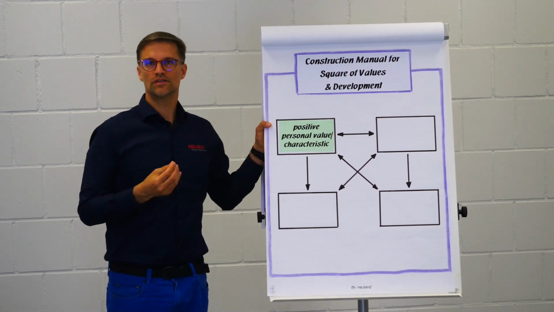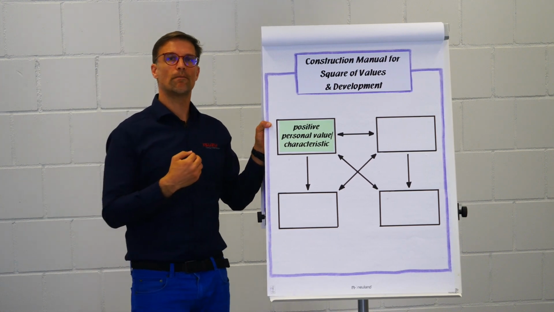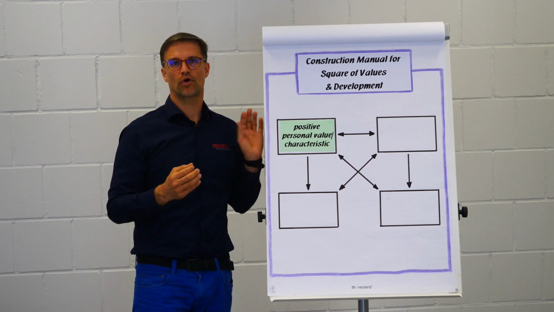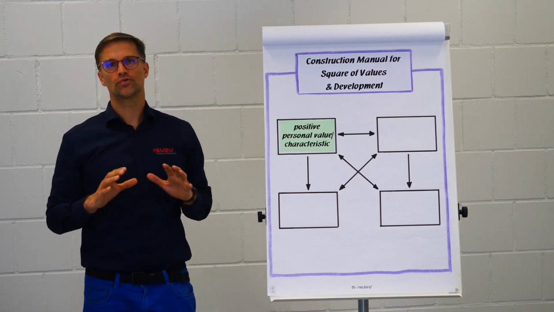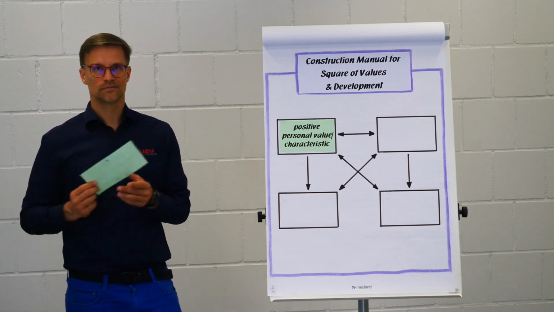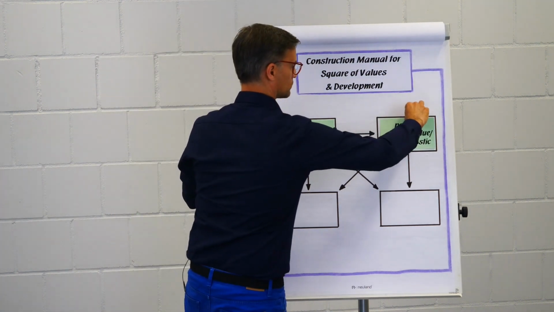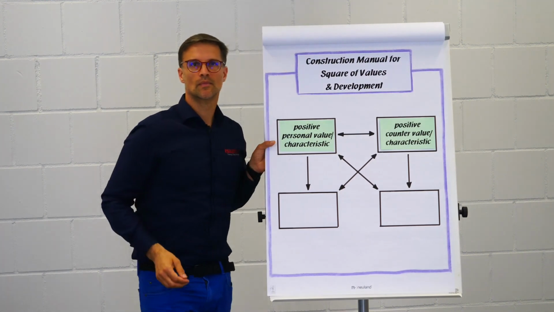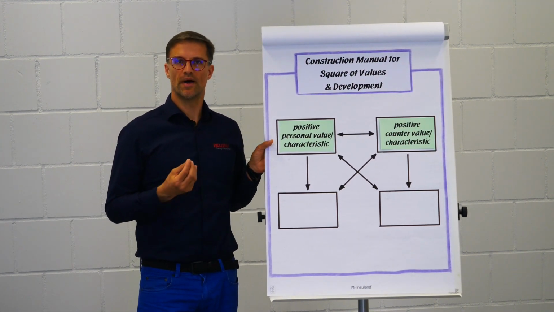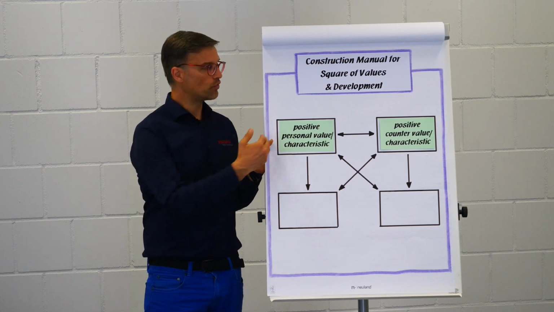This positive value needs a positive complementing value, a positive counter value or characteristic, in order to reach its full positive quality. Therefore, the two upper squares stand in a positive, balancing and complementing relationship.